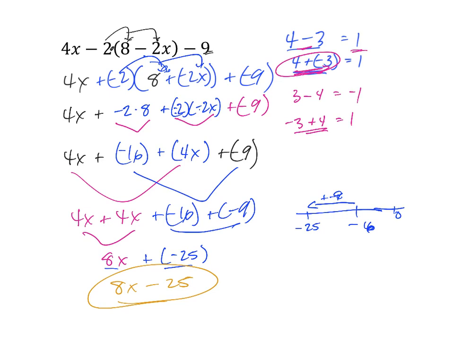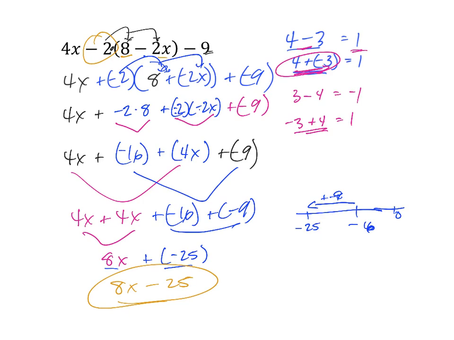Okay, so this one might take a little bit of work to understand. If you didn't get these steps, then review it again. Remember, this is all about applying the distributive property correctly. The only thing that negative 2 is attached to is the 8 and the negative 2x by multiplication.